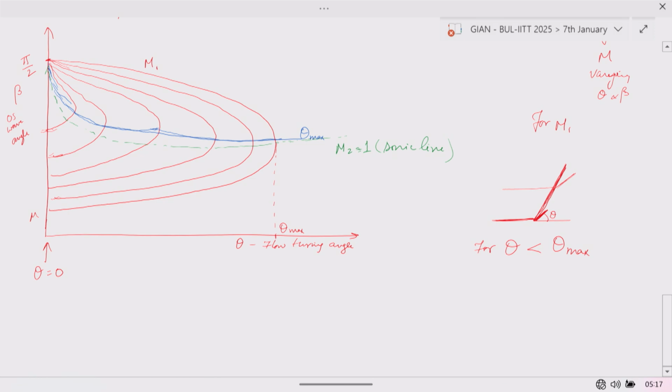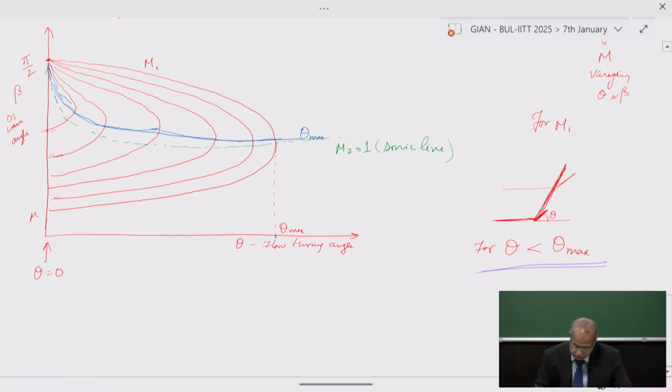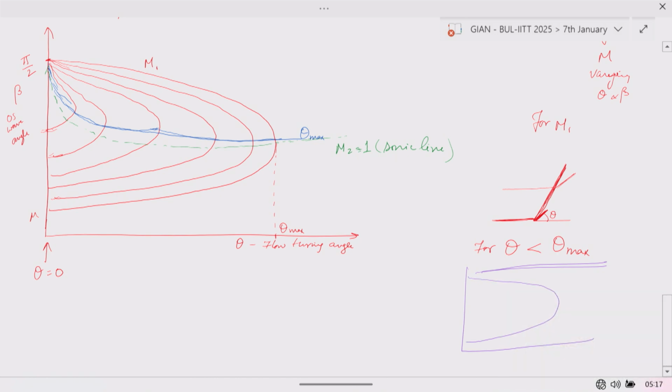For theta less than theta max, what we are saying is that in this M-beta-theta relationship, this is theta max, which is only one theta max for one value of M. For theta less than theta max, there are two possible solutions, which means at any particular value you take, there are two solutions here.